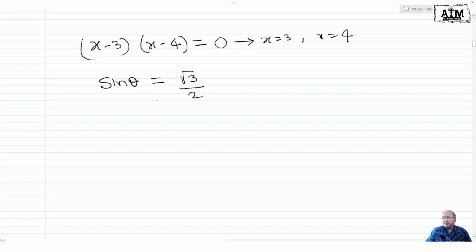Similarly, sin theta equals root 3 by 2 involves a trigonometric function, therefore it is a trigonometric equation, and this trigonometric equation has some solution. What is that solution? In the algebraic equation, x was unknown, and in the trigonometric equation, theta is unknown.